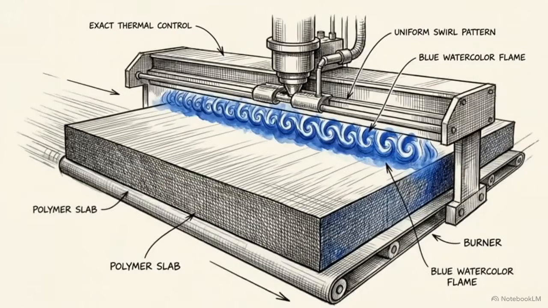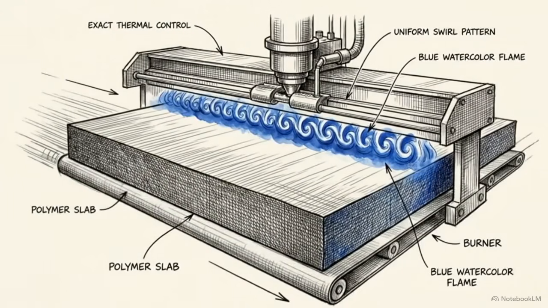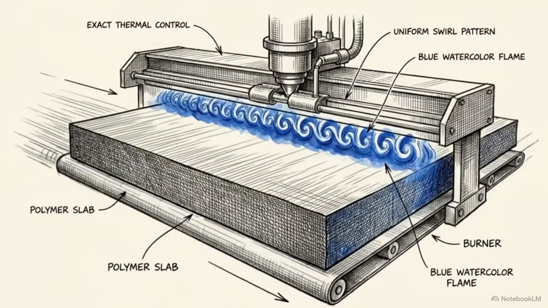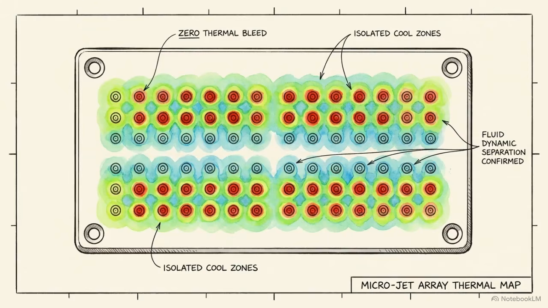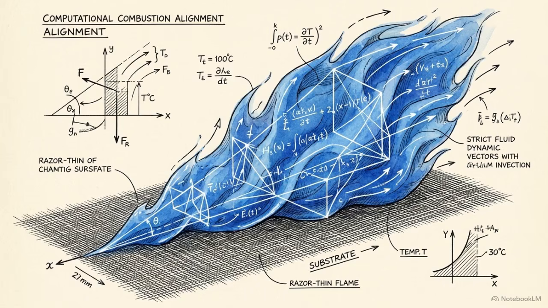Forced air and swirl systems are mandatory the moment the process demands strict uniform chemistry and exact thermal control across broad, thicker webs. Advanced patterned activation requires microjet arrays, which rely entirely on rigorous computational fluid dynamics to prevent thermal excursions. Industrial flame treatment is a precise, mathematically validated discipline, engineered at the strict boundary layer of fluid dynamics and radical chemistry.